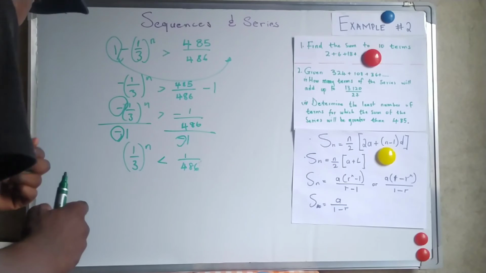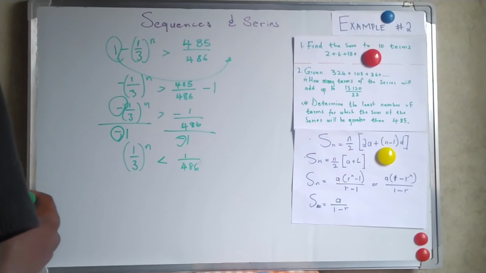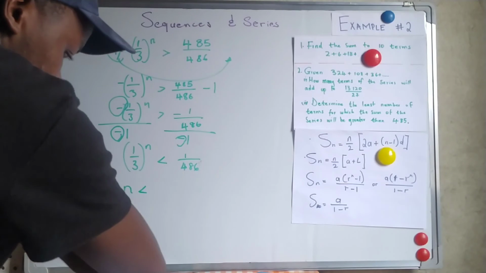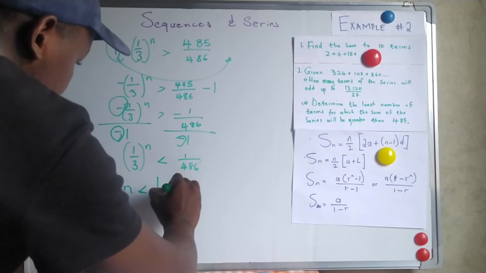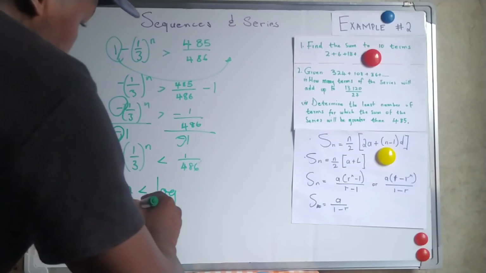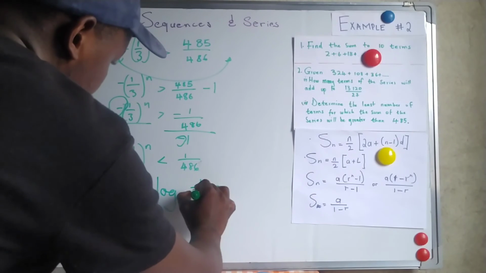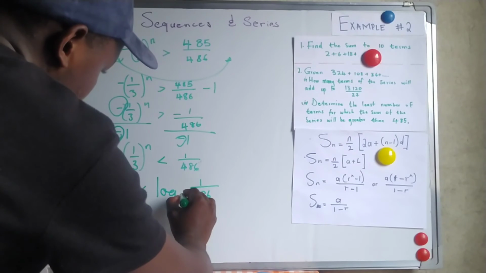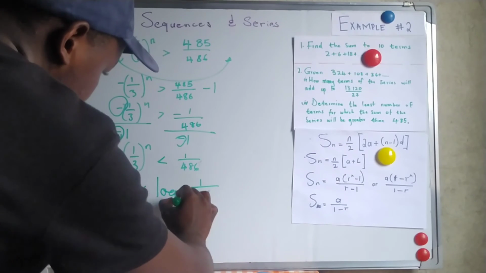So now we're going to solve for n. To solve for this one, this will be different from how we've been doing it. I'm going to say n is less than the log of 1 over 486 with a base of 1 over 3.